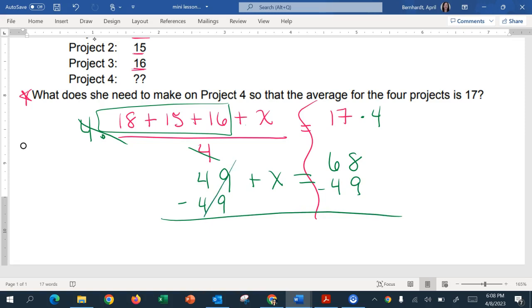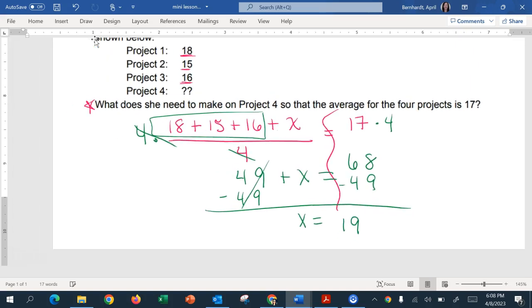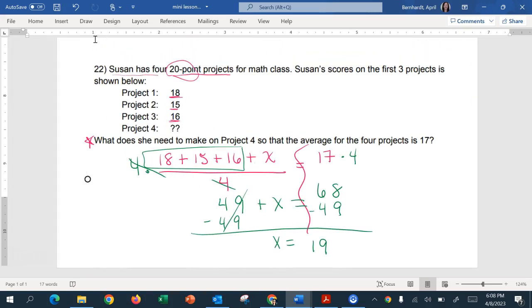So minus 49 from both sides. 68 minus 49, x equals 19. So that makes sense. I need it to be 20 or less. So she's got to score 19 out of 20 on her last project.